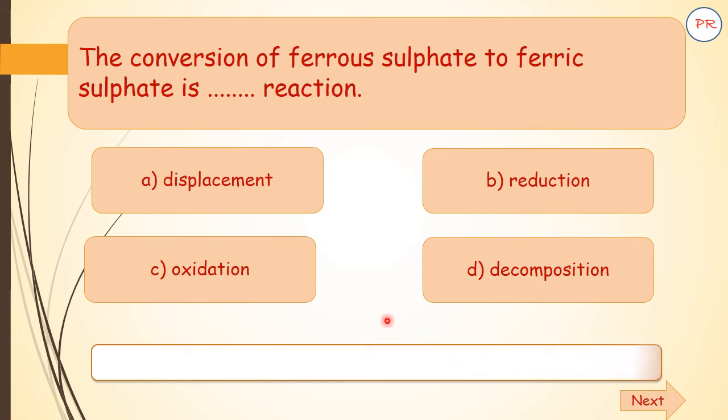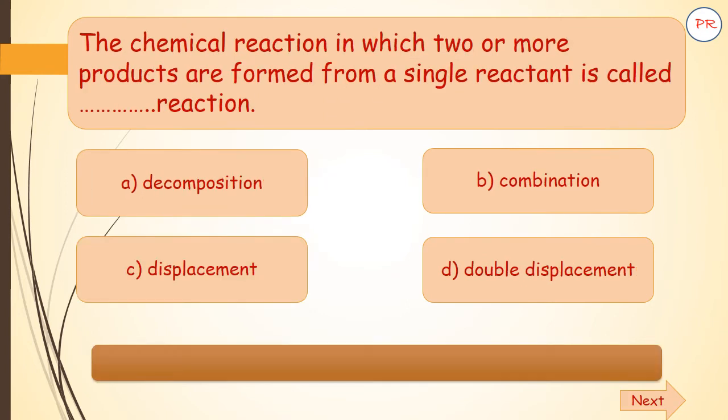And here is the correct answer, C. Oxidation. In the conversion of ferrous sulfate to ferric sulfate, the positive charge on the ferrous ion increases, and increase in the positive charge is nothing but oxidation reaction.